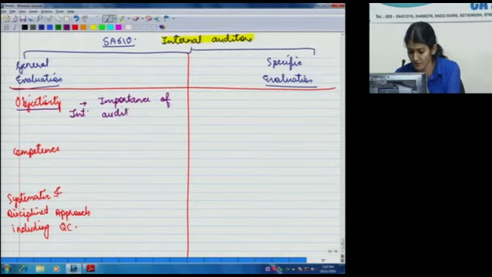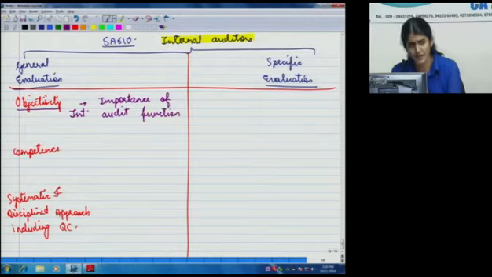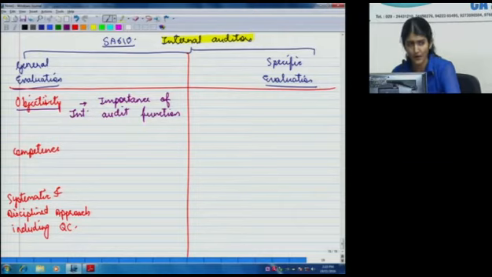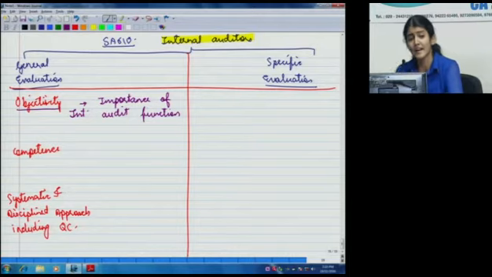So what do you do? You go and ask the client, in your company, is there anything like internal audit? They say yes, we have internal auditors. So then you ask them, can you please tell us a little about how the internal audit function works in your organization?